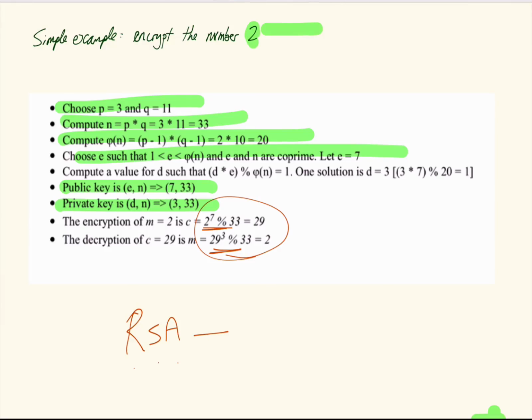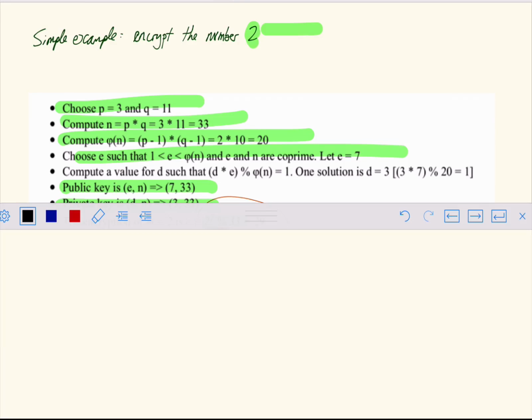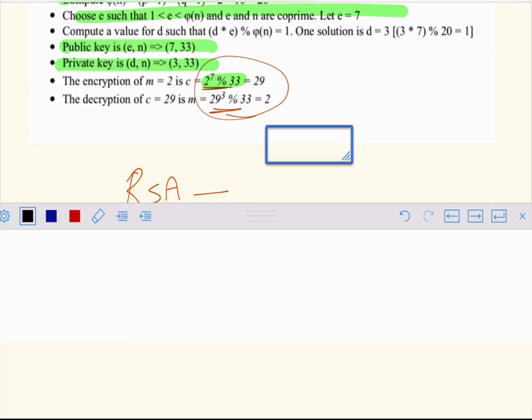Remember, we talked about the encryption formula F, and said we're not going to describe what is inside that. It's a very simple formula. You take your input number, which is 2, the number we're trying to encrypt. You raise it to the power E, which is 7.